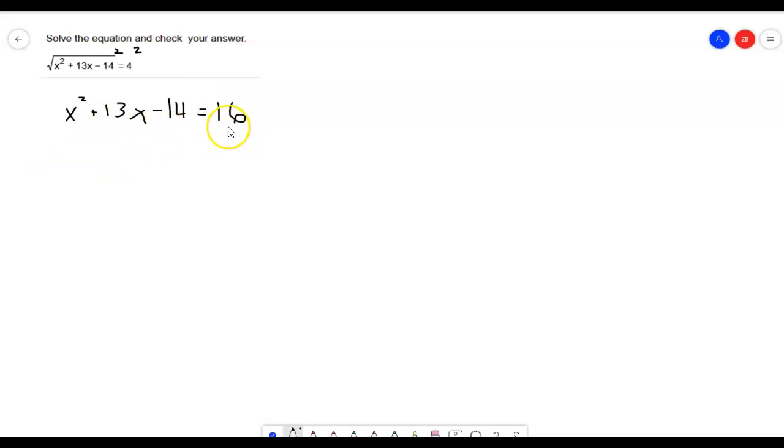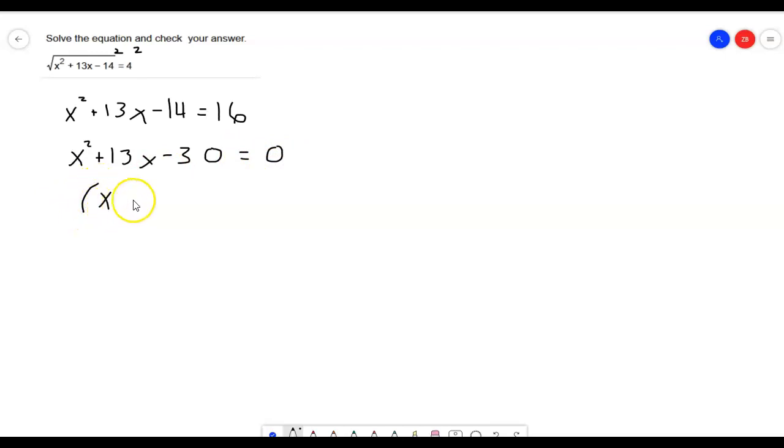So I'm going to subtract 16 from both sides. So x squared plus 13x minus 14 minus 16 is minus 30, is equal to 0. So that's something that we can go ahead and try to factor here.